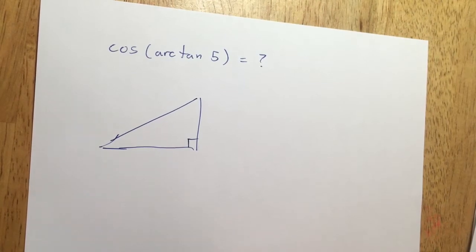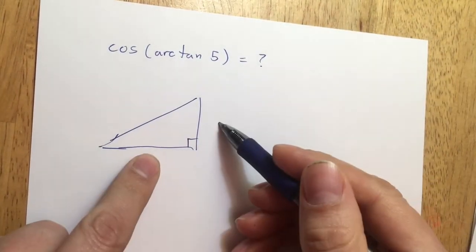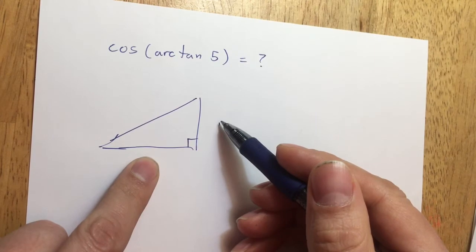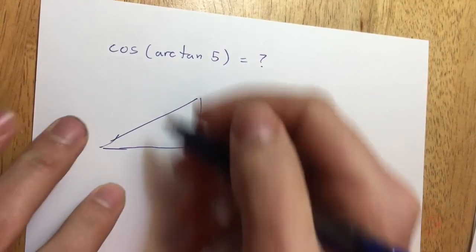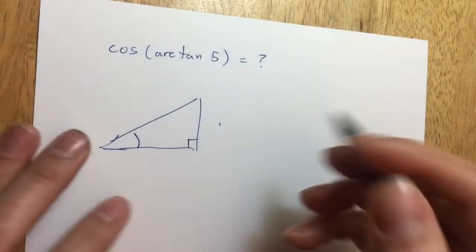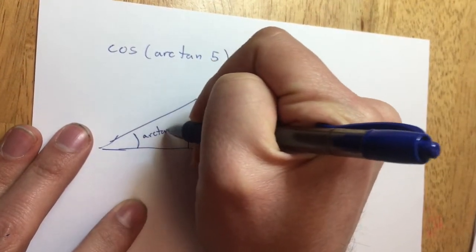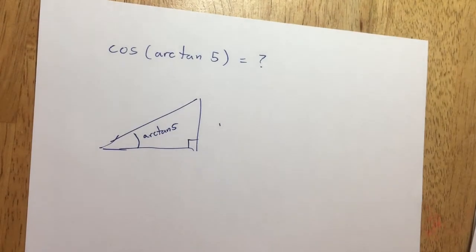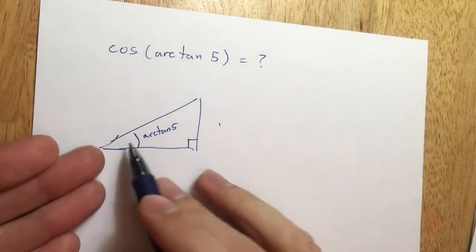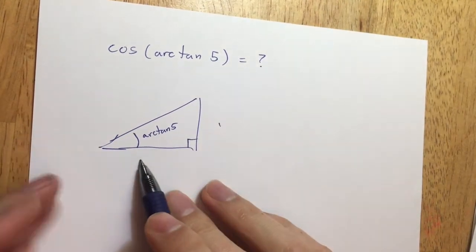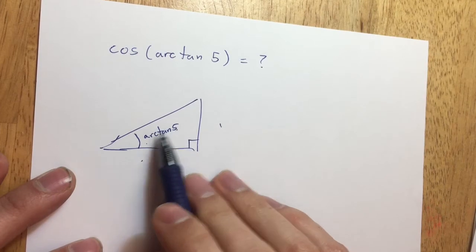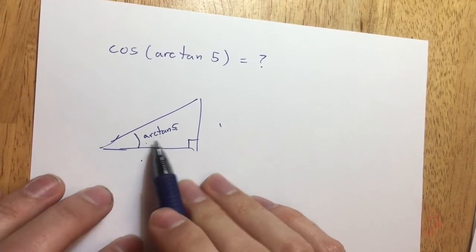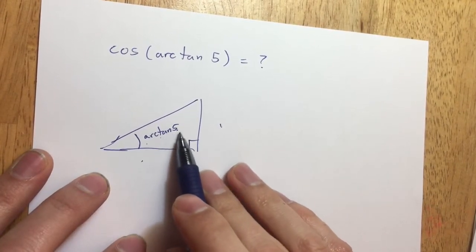The tangent of an angle has to do with the sides of the triangle. The arctan is the inverse of that, so it takes the sides and gives you back the angle. So if I call this my angle here, call that arctan 5. Remember, tangent is opposite over adjacent. So the arctan of opposite over adjacent is the angle, and that means that 5 must be opposite over adjacent.